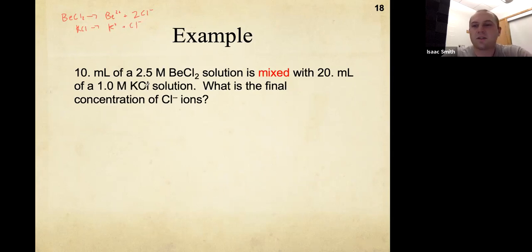If I use the stoichiometry map, I can go from volume of beryllium chloride solution over to moles of beryllium chloride in just 2 steps.